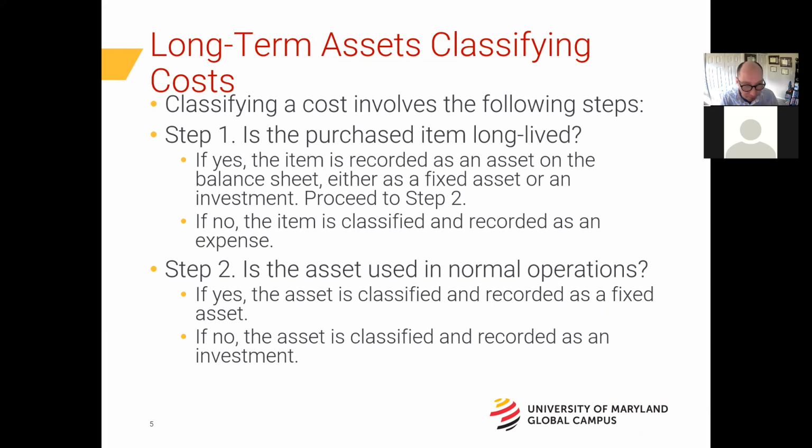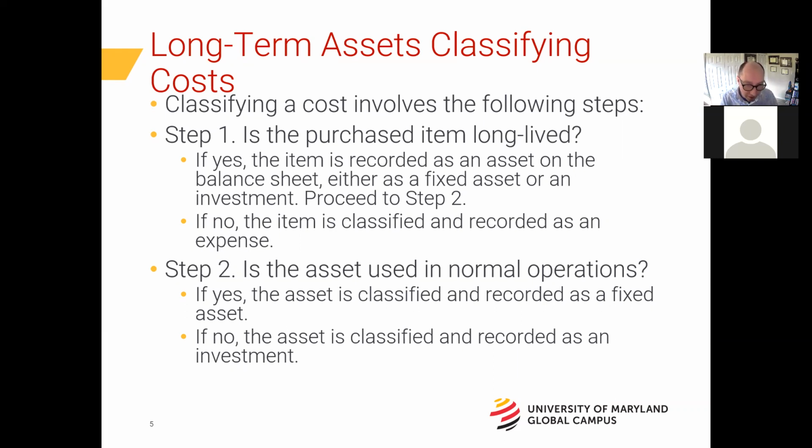If yes from step 1, we proceed to step 2. Step 2: is the asset used in normal operations? Normal operations of a business means the day-to-day operations of the business.